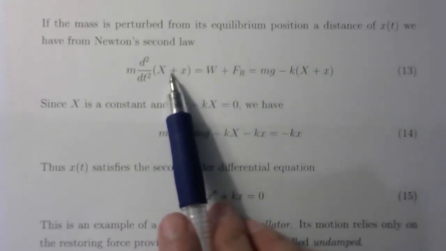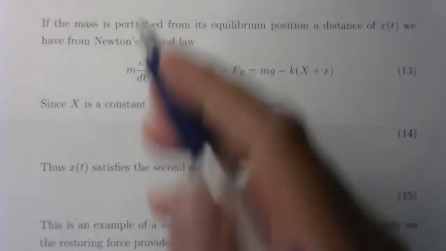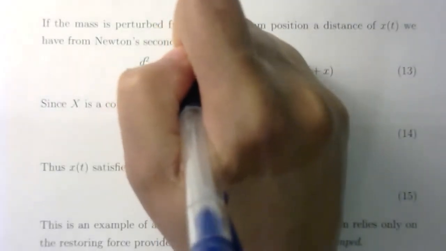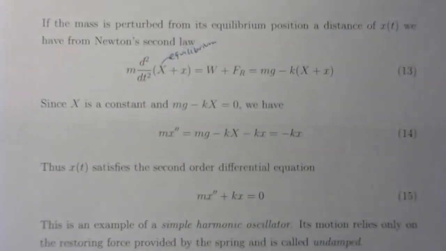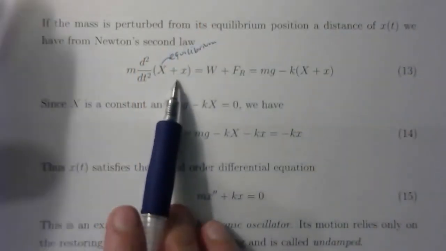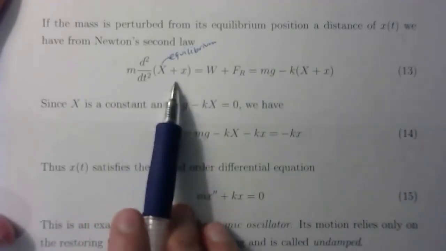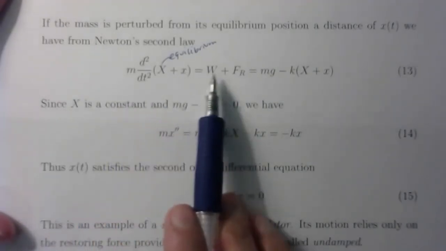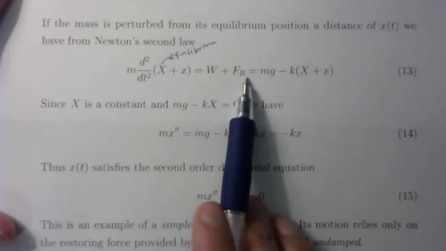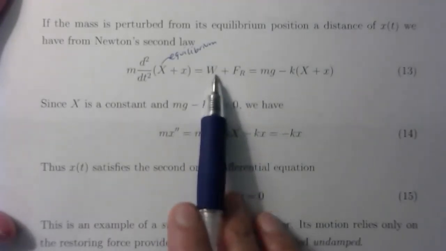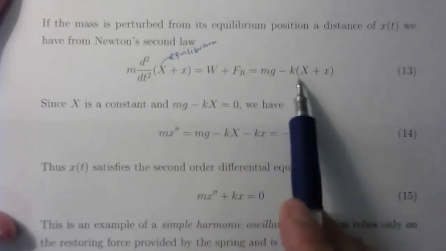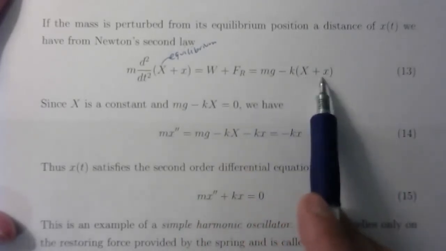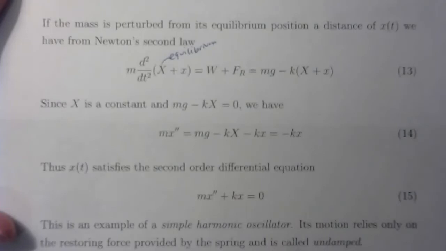The position is going to be X, the equilibrium position, plus this new coordinate little x, second derivative of this times m, and then that is equal to the two forces. What are the forces? We have the weight of the mass and the restoring force of the spring. Here's the weight of the mass. The restoring force of the spring is proportional to the displacement, which is now big X plus little x.